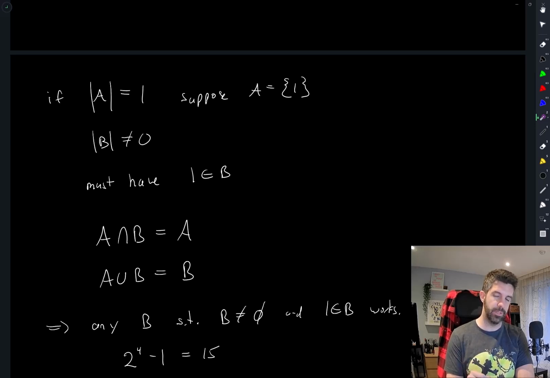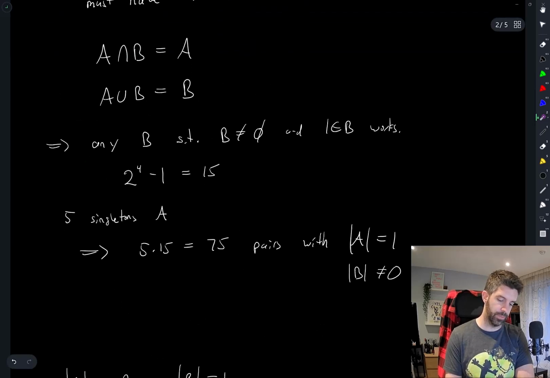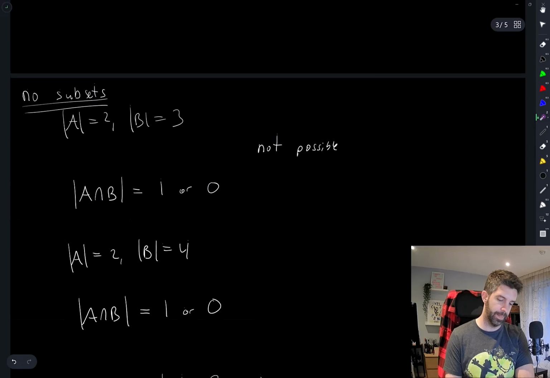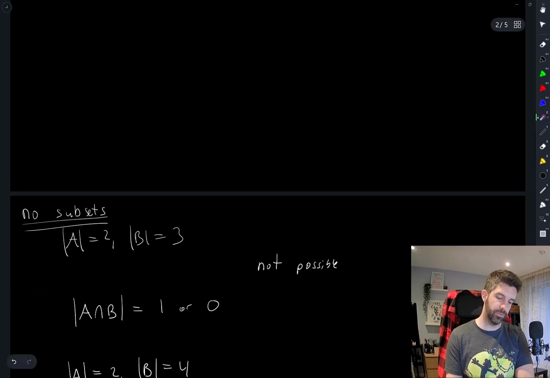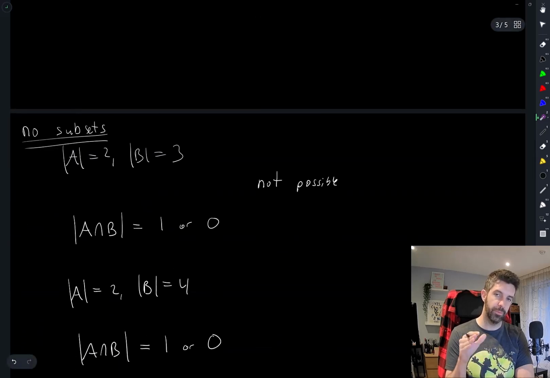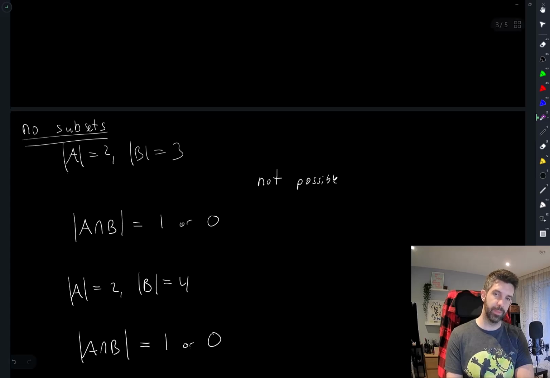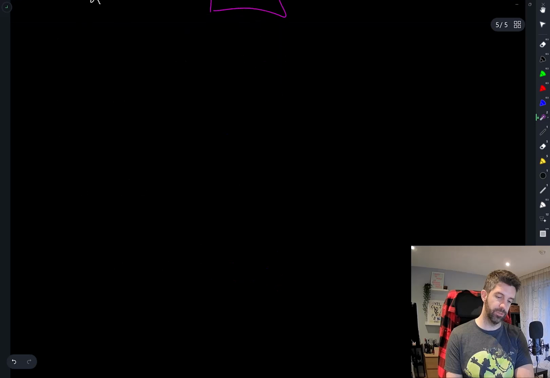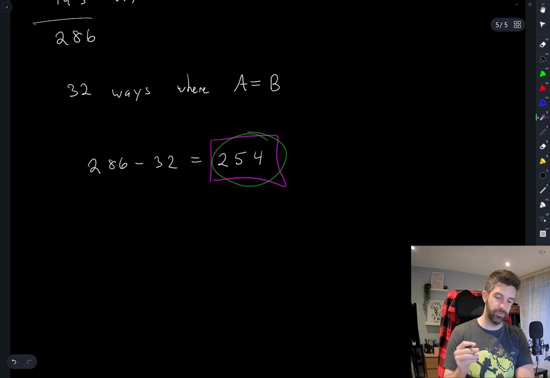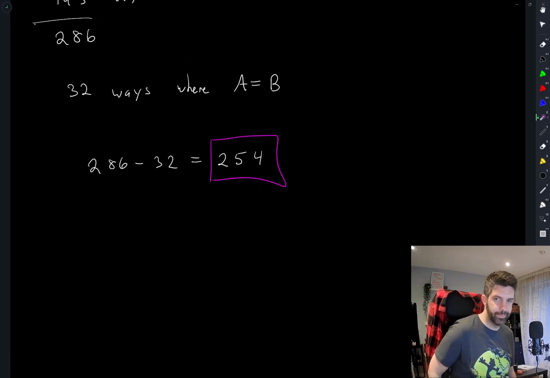But based on my going through of all this stuff, I believe it's true that one of these sets must be a subset of the other. And so then it's just a case of enumerating over all possible ways of doing that. And I get 254. That was a cool problem.